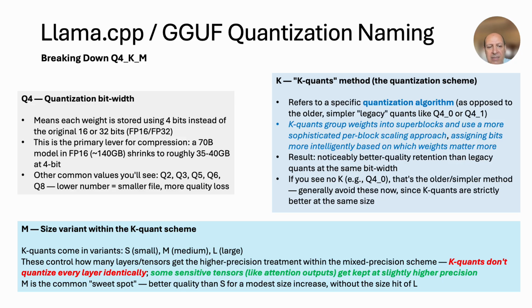M, finally, stands for the size of the quantization scheme. So M comes in 3 variants, either small or medium or large. The S, M, and L, they control how many layers or tensors.